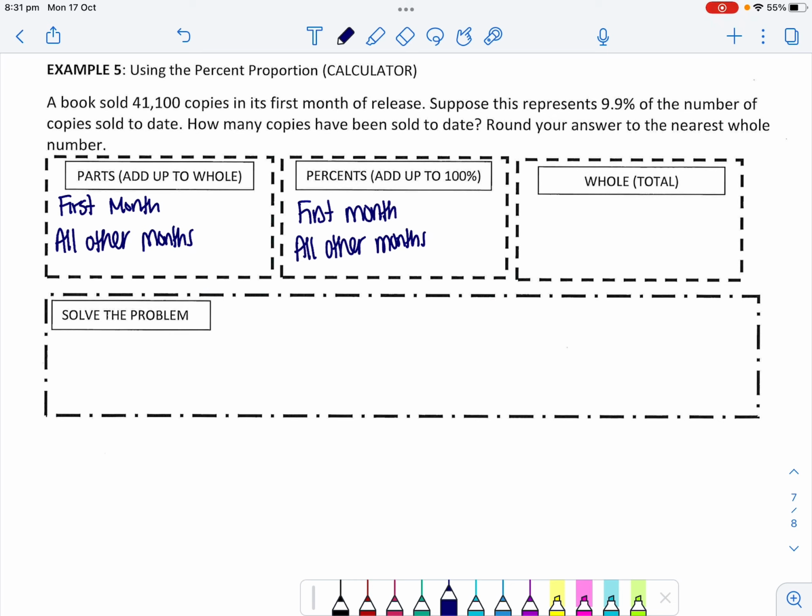And then it says how many copies have been sold to date. So I'm looking for the total copies.